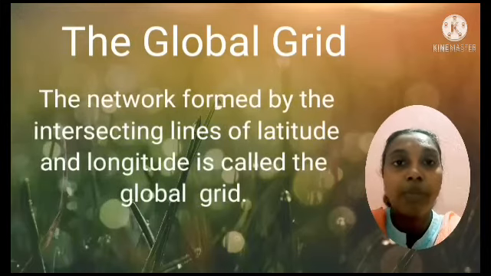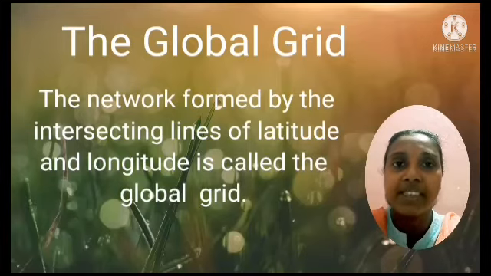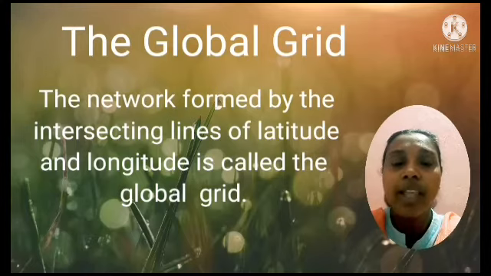The network formed by the intersecting lines of latitude and longitude is called the global grid. The global grid is used to give the exact location of a place. This is done by finding out which latitude and longitude intersect at the point where the place is located.